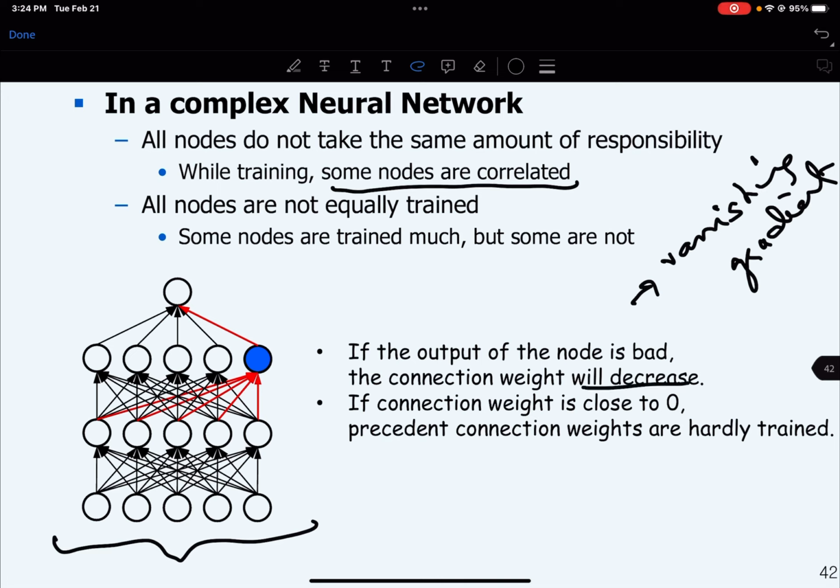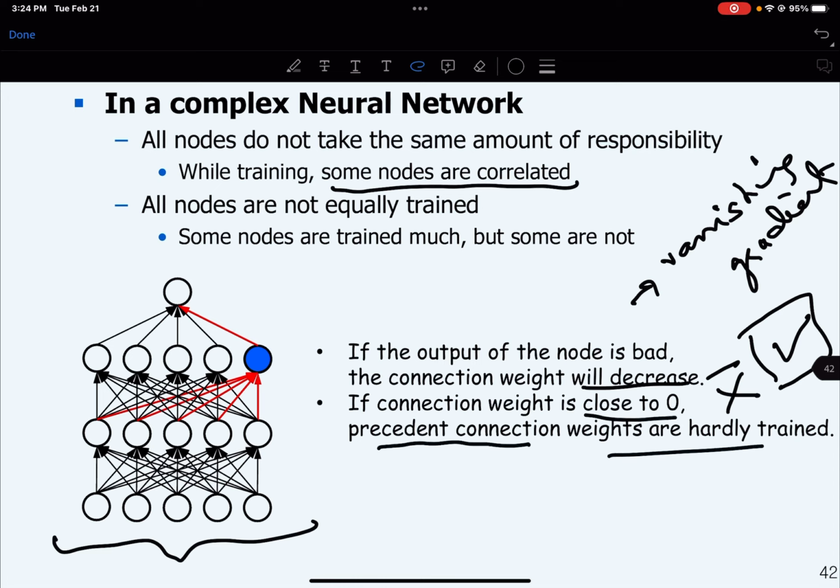So we want a good result and we are avoiding a bad result. If the output of the node becomes bad, then the connection weight will be decreased and we will promote those which will give a good output. And if the connection weight goes nearly to 0, the precedent connection weights are hardly trained.